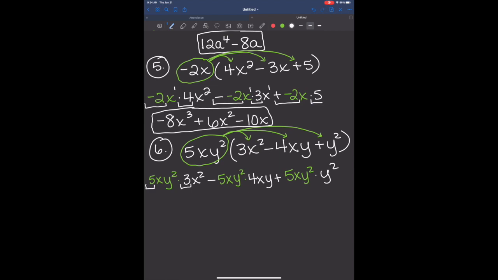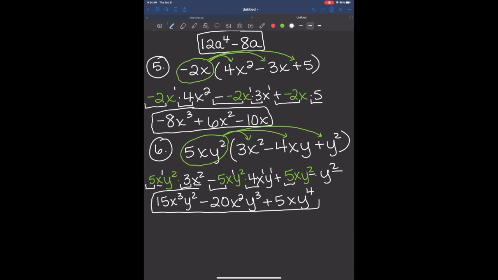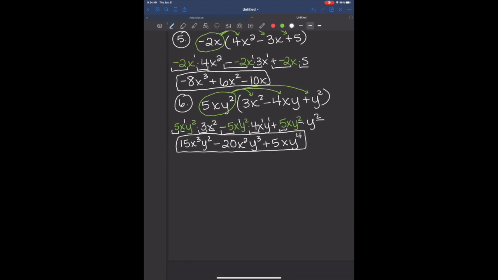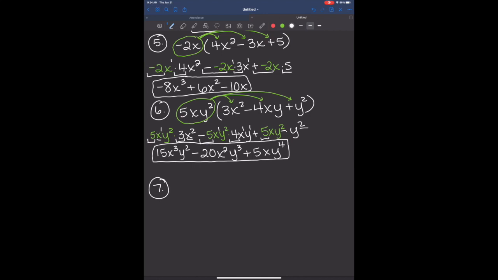So don't forget to put ones on top of your variables without exponents. So we're going to have 5 times 3, which is 15, and then x to the 1 plus 2, y squared, minus 20, because it was negative 5 times 4, and then we've got x squared, y cubed, and 5xy to the 4th.